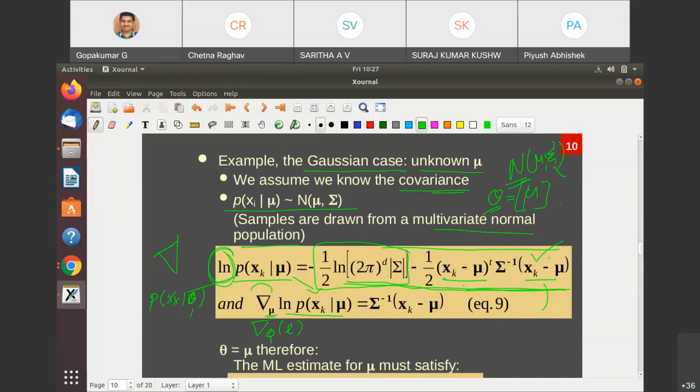Sigma inverse is always there, so we keep it as a multiplier, and then you apply the derivative on xk minus mu the whole square, which returns 2 into xk minus mu. As you have a minus mu here, you again take the partial derivative, so you get a minus 1. That minus 1 and this minus 1 become a plus 1, and you have sigma inverse into xk minus mu. So you can reach this equation just by applying the partial derivative rules and rearranging.